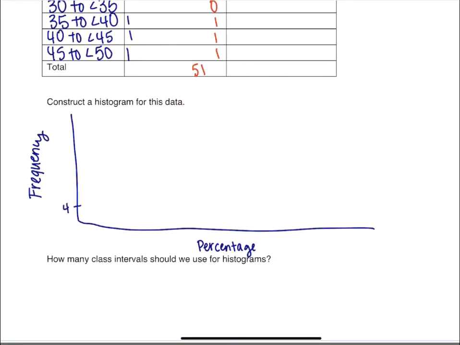So I'm going to count by fours. And then our percentages, we're going to use those class boundaries. So we have 0, 5, 10, 15, 20, 25, 30, 35.